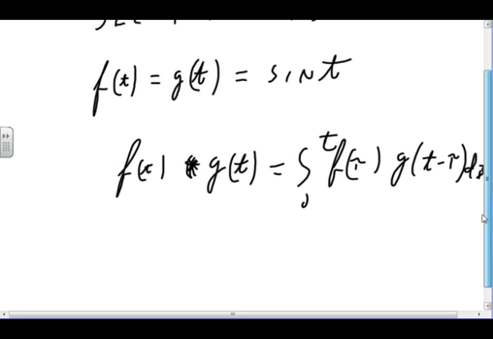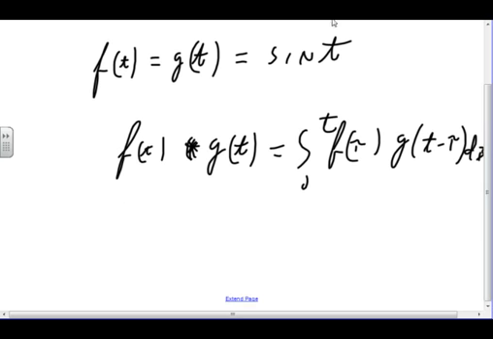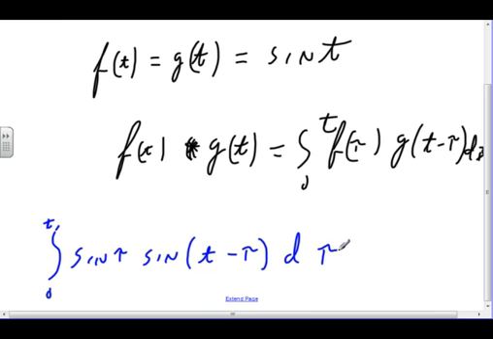All right, so all we want to do is just find the integral from 0 to t of sine tau sine of t minus tau d tau.